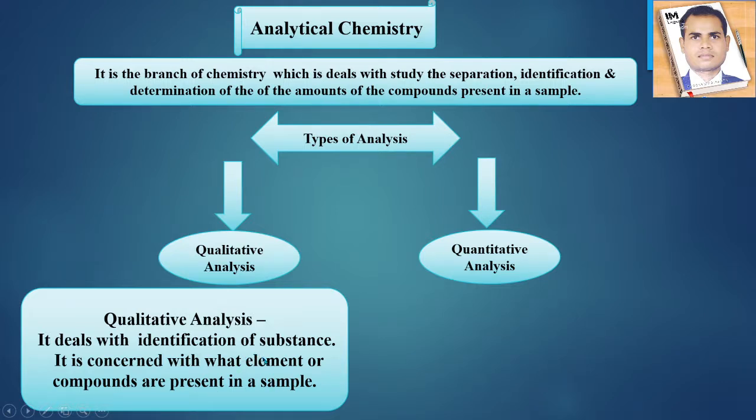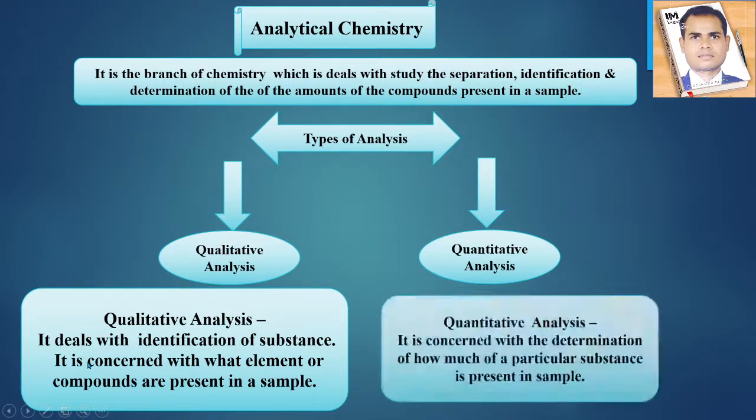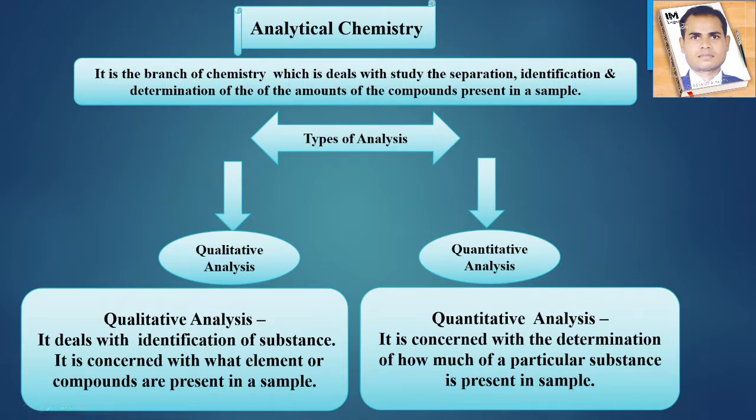So if we study any kind of sample and want to analyze that substance, what kind of elements are present in that sample, we can see in qualitative analysis. And how much amount is present, that is determined in quantitative analysis. So determination of amount we can see in quantitative analysis.